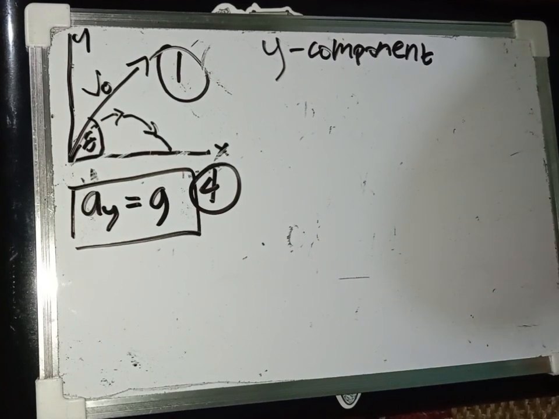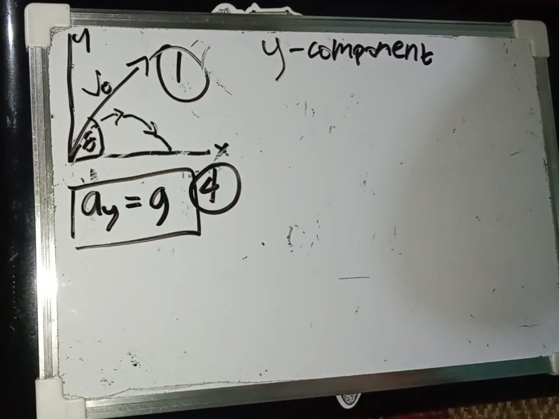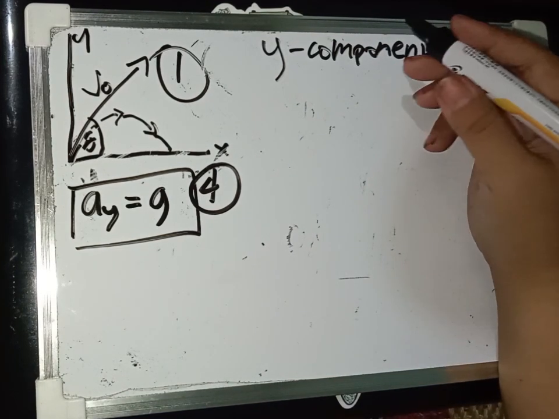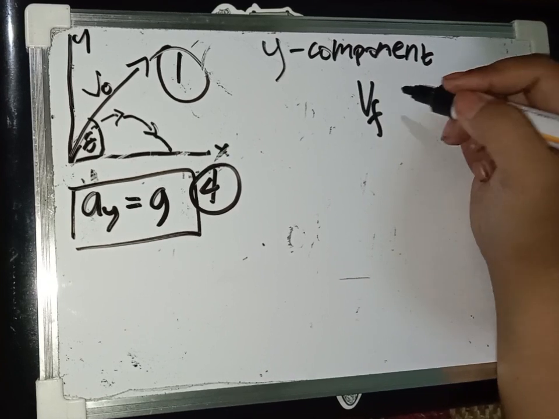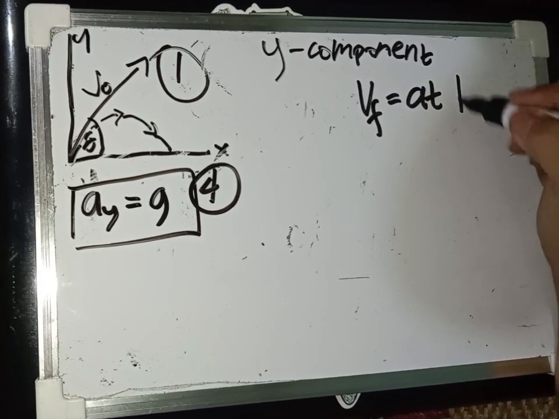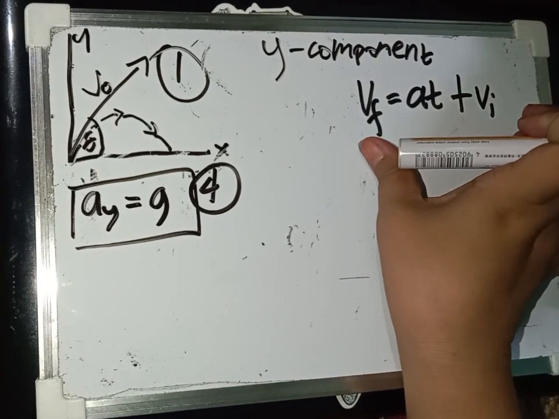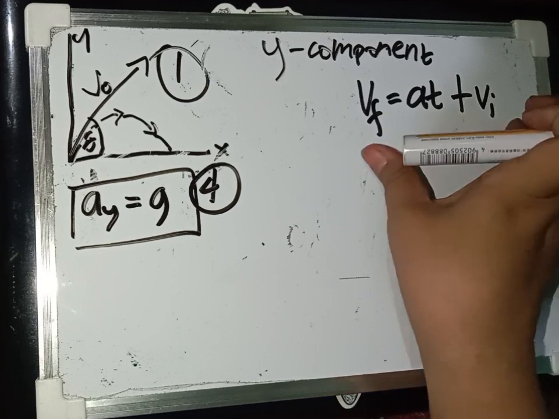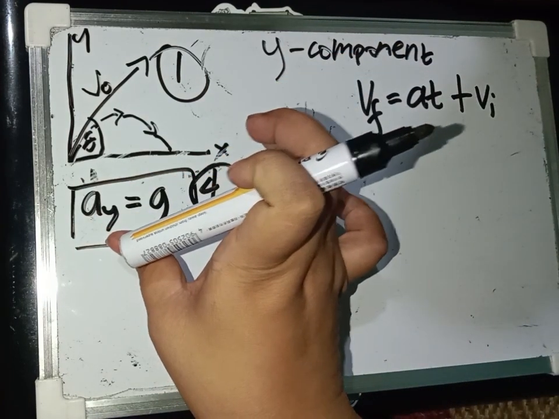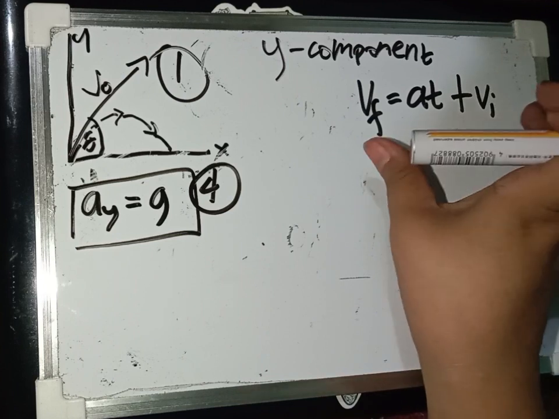The next thing that we need to find is the velocity of the y component. And we will be deriving again from the SUVAT equation from the previous derivation yesterday. V sub f, from the previous discussion, is equivalent to at plus initial velocity. So we have to translate this equation from the SUVAT into a projectile equation. And in order for us to do that, we have to give an identity of y component on this one.